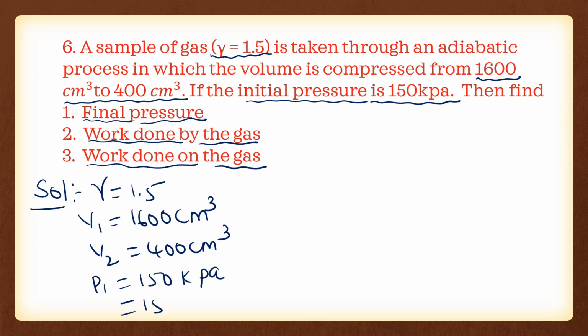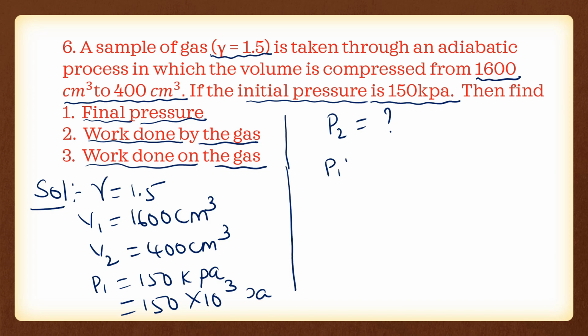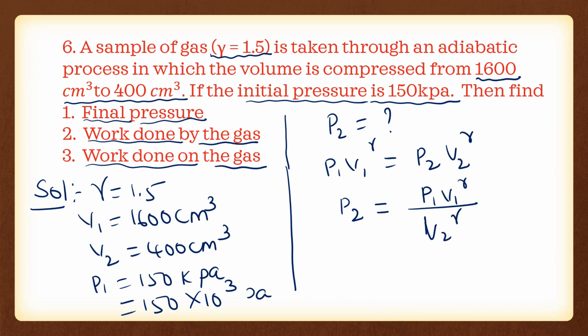Converting into pascals, 150 into 10 cube pascals and P2 is equal to question mark. So you have to calculate the final pressure. In this, P1 V1 to the power gamma is equal to P2 V2 to the power gamma. So from this we write the formula for P2: P2 is equal to P1 V1 to the power gamma by V2 to the power of gamma.